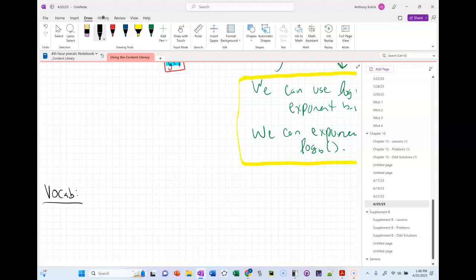Time for a little bit of vocab. So the first term is called the common logarithm, and that is log base 10. So log base 10 is what we call the common logarithm.